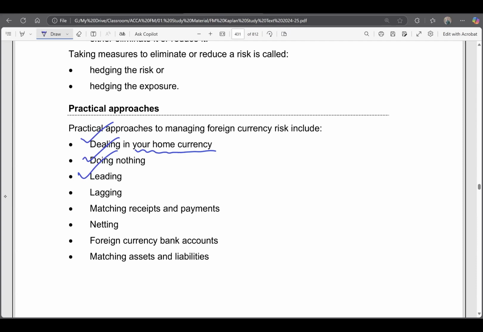Look, when will transaction risk arise? When the transaction date and the settlement date are not the same. If you buy goods today and pay the money today, you don't need to worry about exchange rate movements. If you sell goods today and your customer settles today, again, you don't need to worry about transaction risk at all. But here we have a problem.